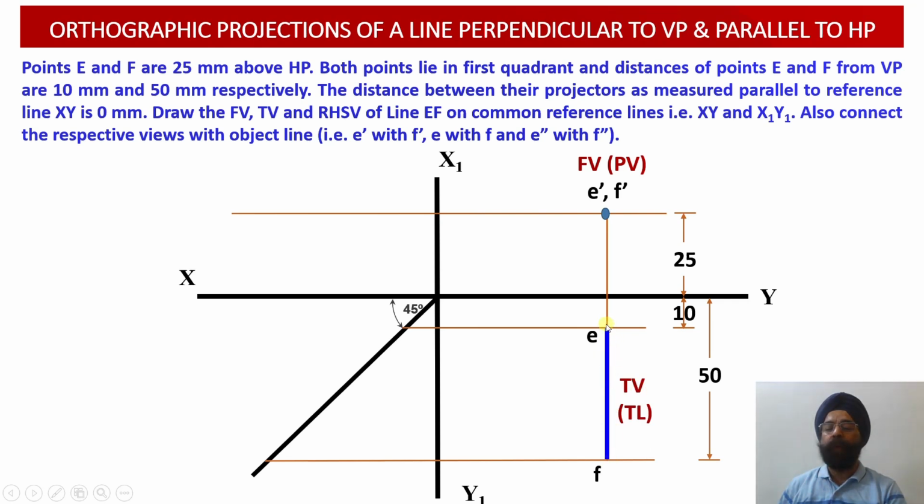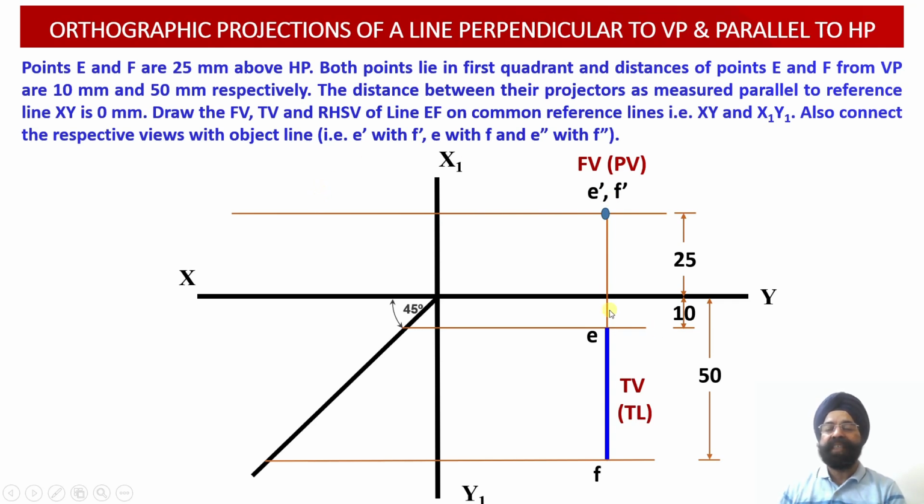So once we obtain the true length of this line in the top view projections, which have been drawn onto the horizontal plane, now we can proceed to draw the right hand side view projections corresponding to this line. Since the right hand side view projections are to be drawn, they will be drawn on the left hand side of the front view projections over here.